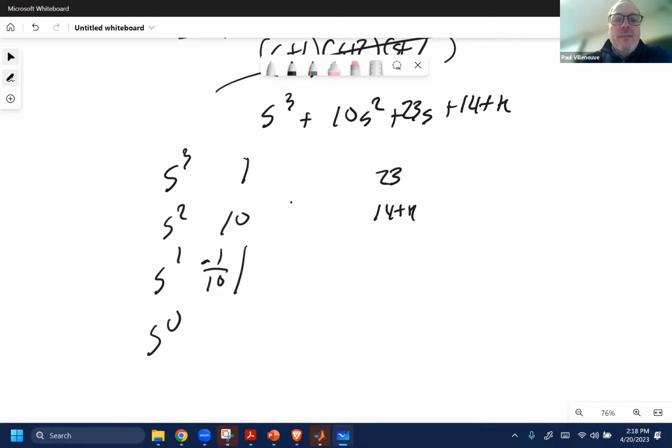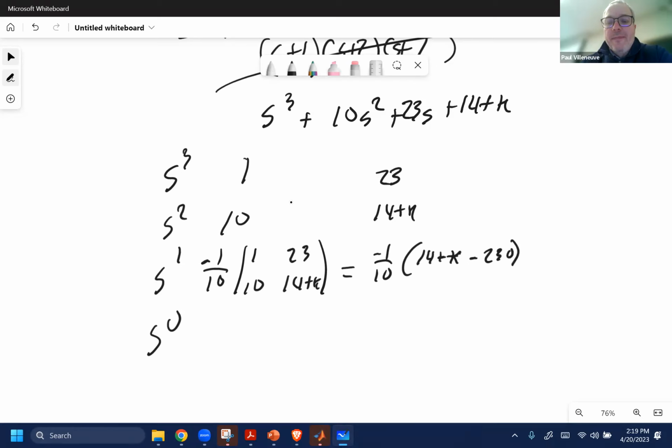Negative 1/10 times the determinant of 1, 23, 10, 14 plus k is going to be equal to negative 1/10 times 14 plus k minus 230.